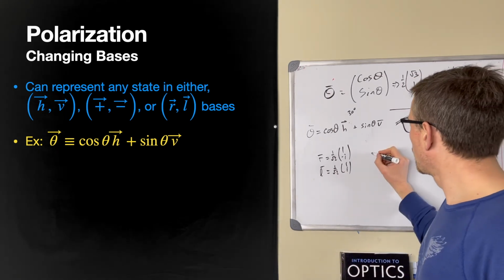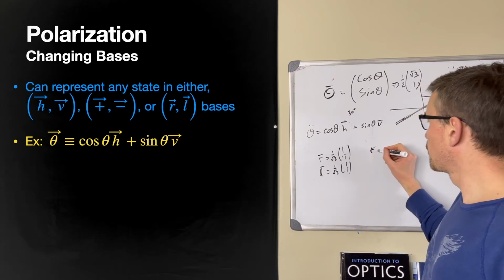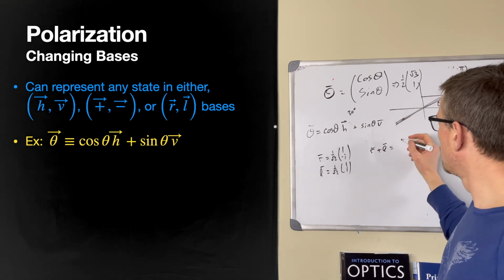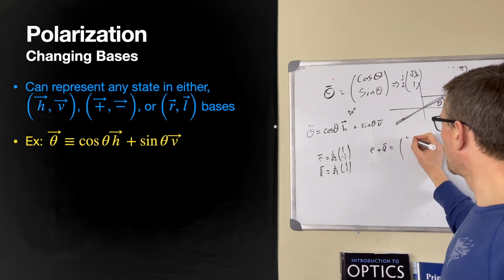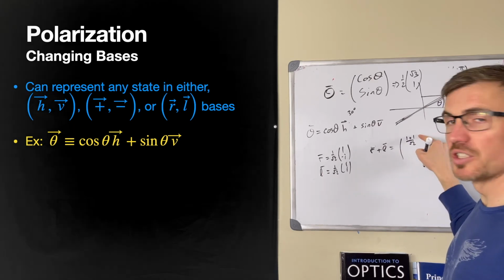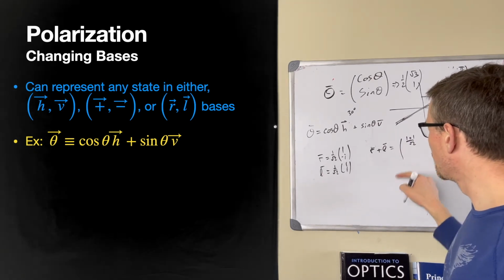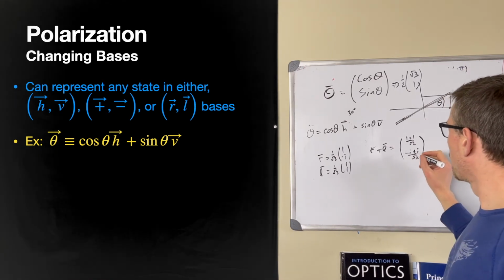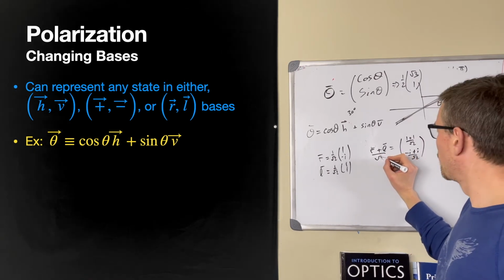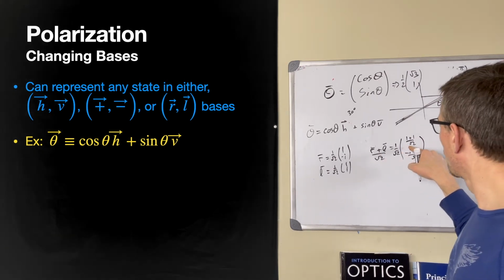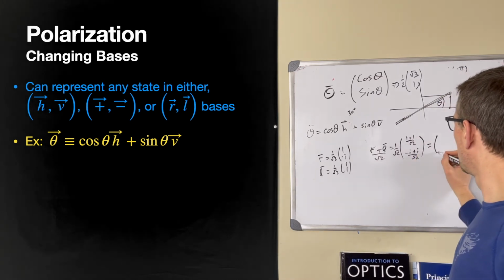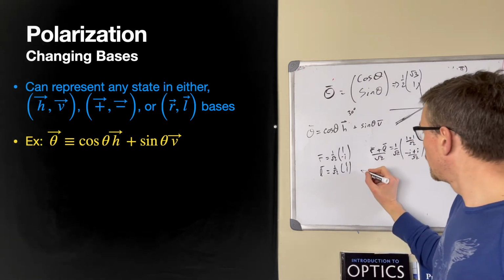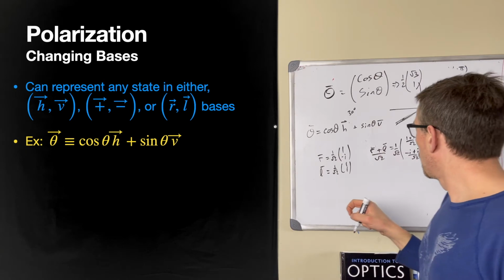So if we notice, R plus L here is going to give me 1 plus 1 over root 2, which is 2 over root 2, also known as root 2, and minus i plus i over root 2. That's going to give me 0. So if we divide both of these by root 2, we're going to get 1 plus 1, 2 over 2, and 0. That gives me this, h. So h is equal to (R plus L) over root 2.